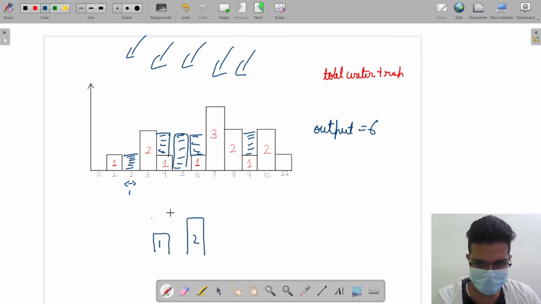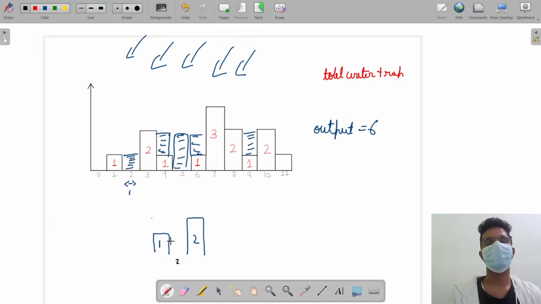We are talking about index 2. First, let's not think about how much water is getting trapped. Let's talk about when water is trapping.